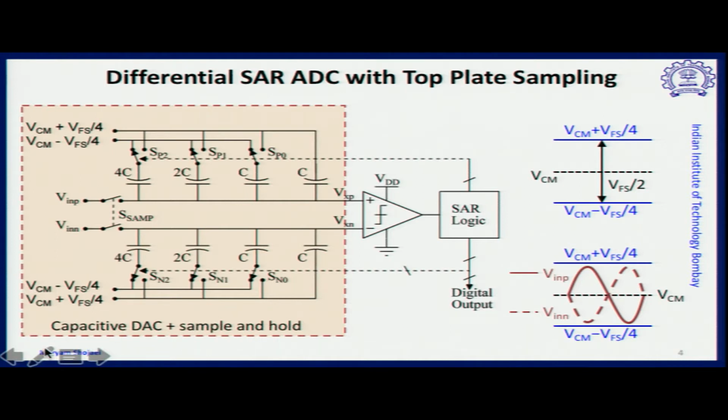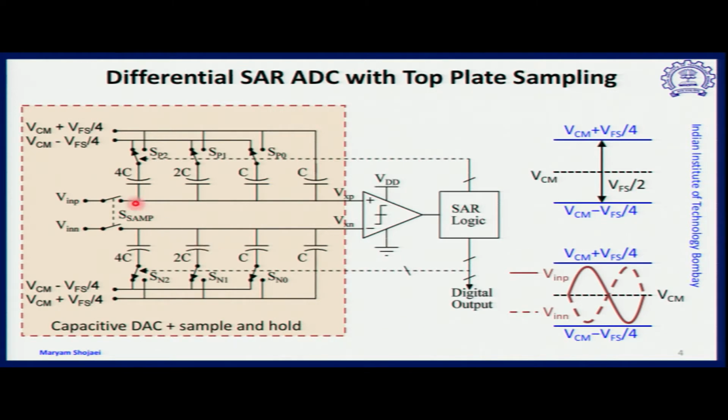So having this in mind, now we can move on to operation. As you observe here, we have two sets of capacitive banks. These capacitive banks are used for the positive and negative half circuits of the charge redistribution DAC.